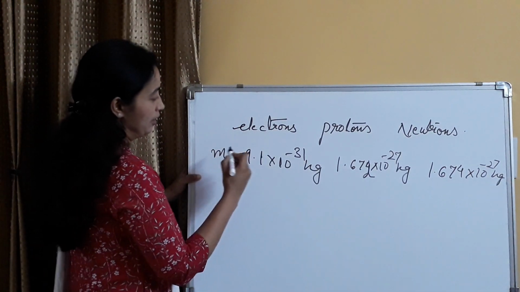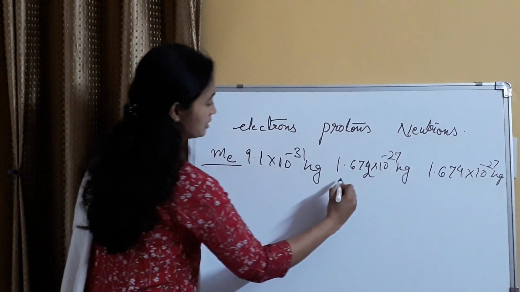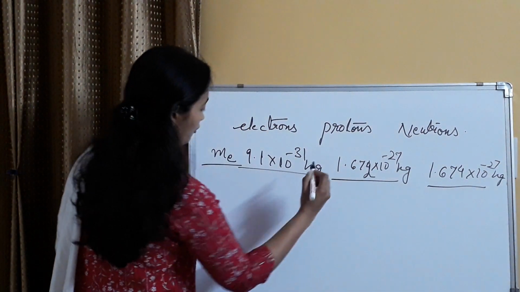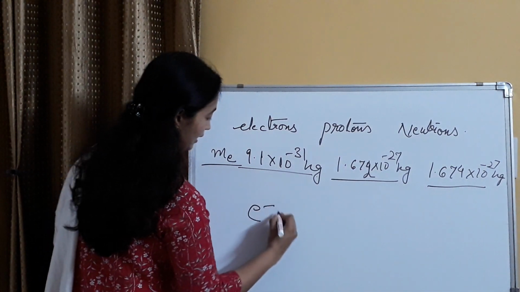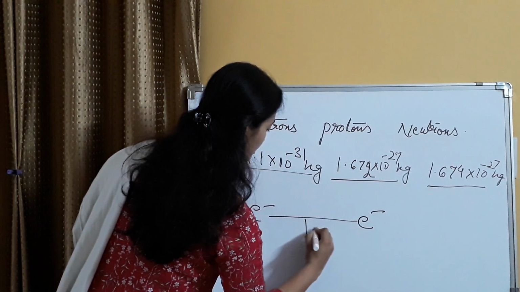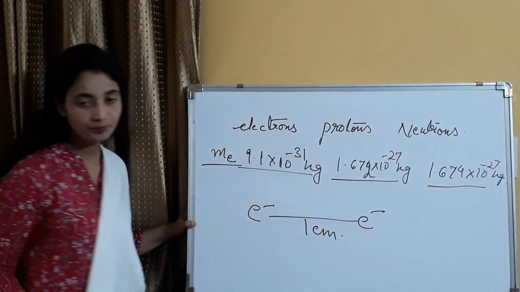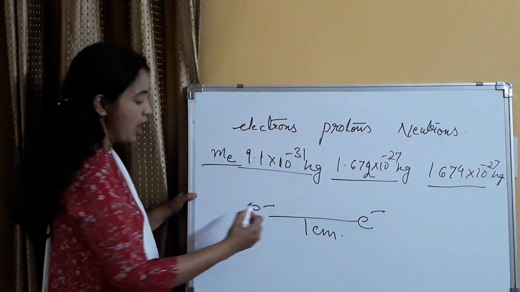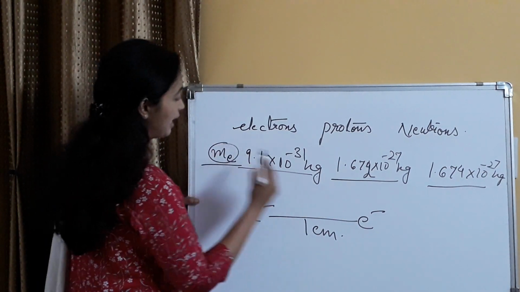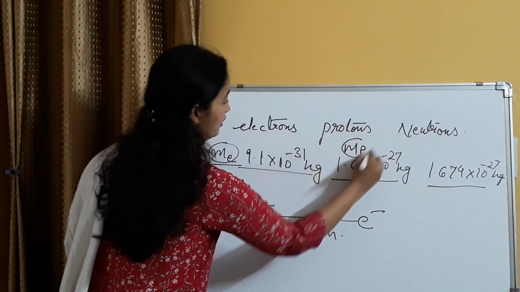Now, if they have these masses, we can understand what happens if I take 2 electrons and place them at a distance of 1 centimeter. How will they interact with each other? As I said, they have some rest masses.